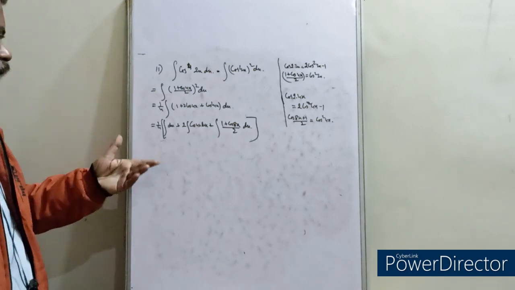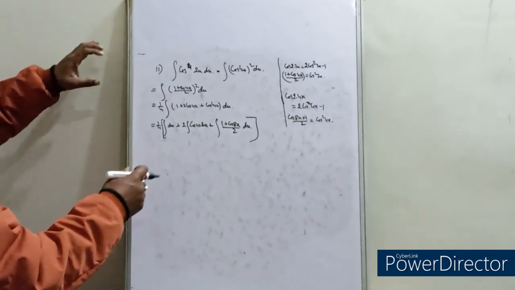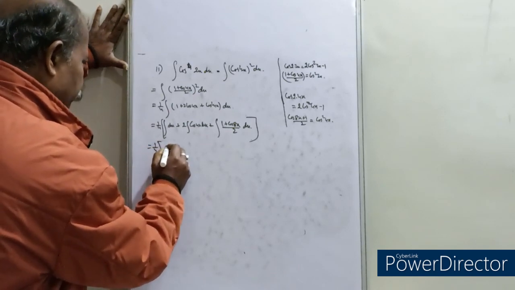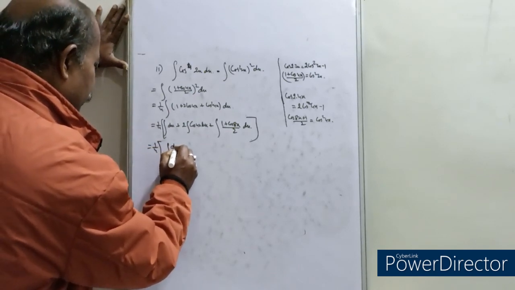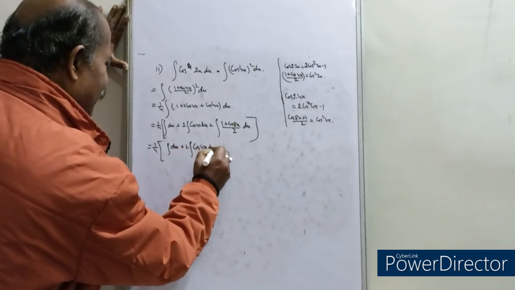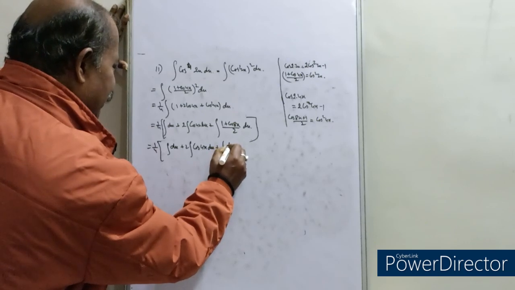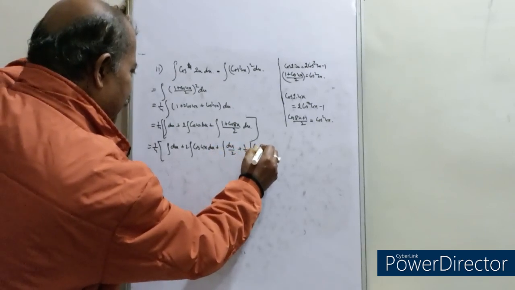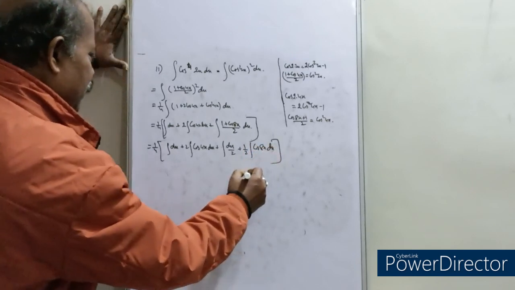So now you can calculate all this. So this will be 1 by 4 { integration dx plus 2 cos 4x dx plus dx by 2 plus 1 by 2 cos 8x dx }, bracket close.